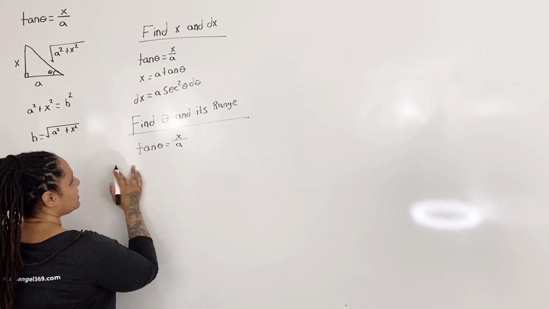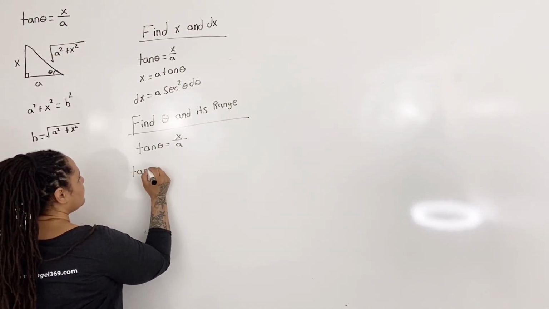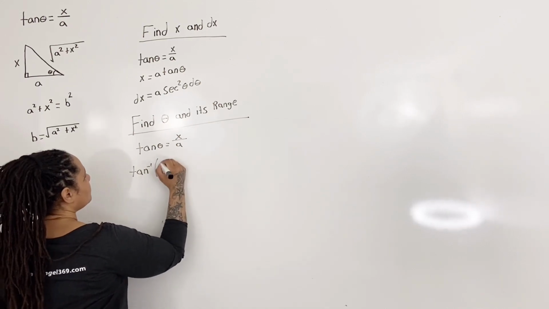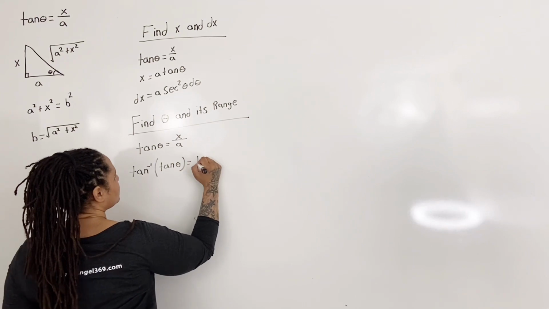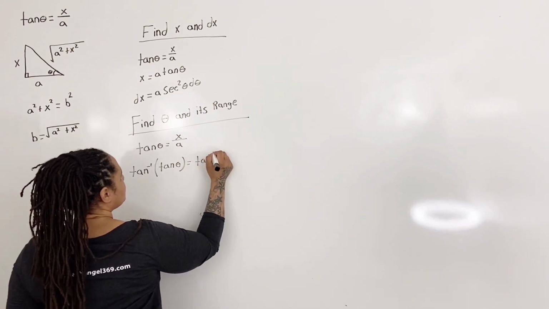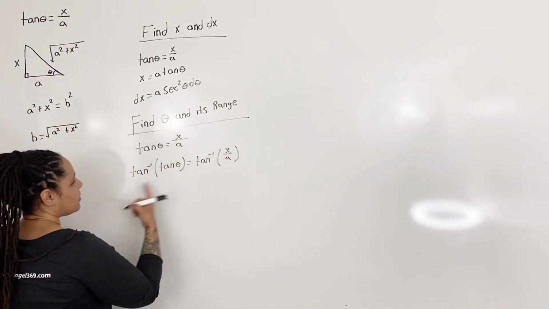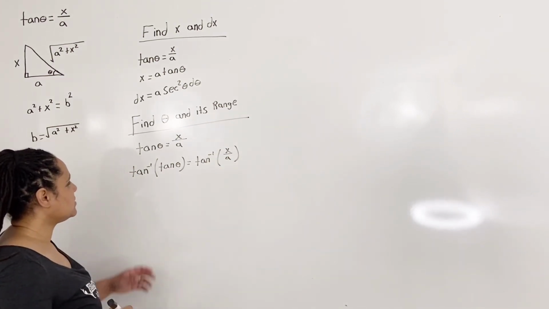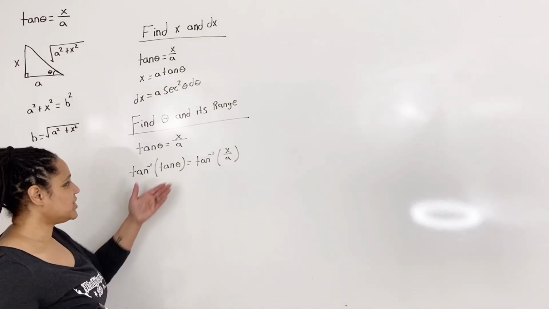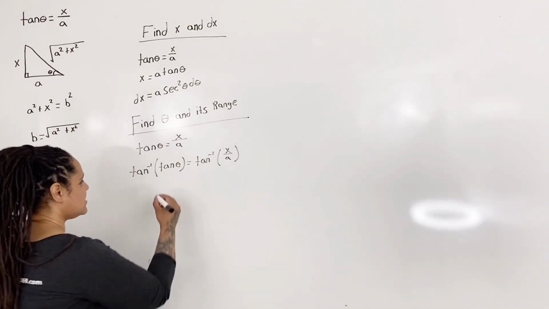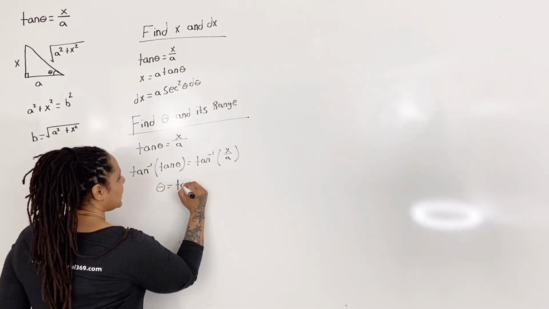Now if I take tan inverse of both sides, then we have tan inverse of tan of theta is equal to tan inverse of x over a. So this allows us to undo the tangent function, so we just get theta on the left-hand side. So theta is equal to tan inverse of x over a.